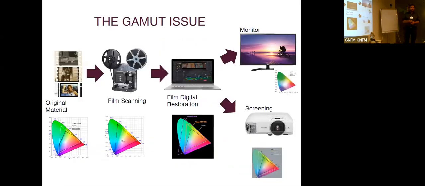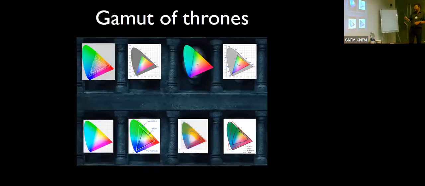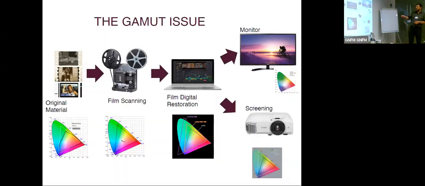But then we have the gamut issue, because in the pipeline of movie restoration, we start from the gamut of the original material. Every original film has a gamut. For non-technical people, gamut is the amount of color that you can reproduce on a device.